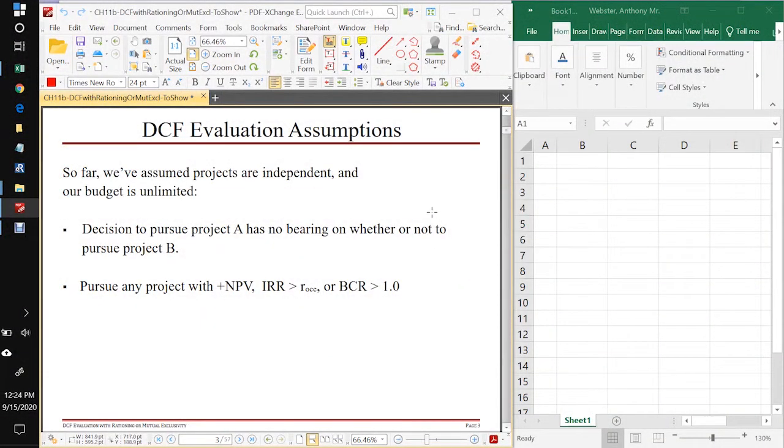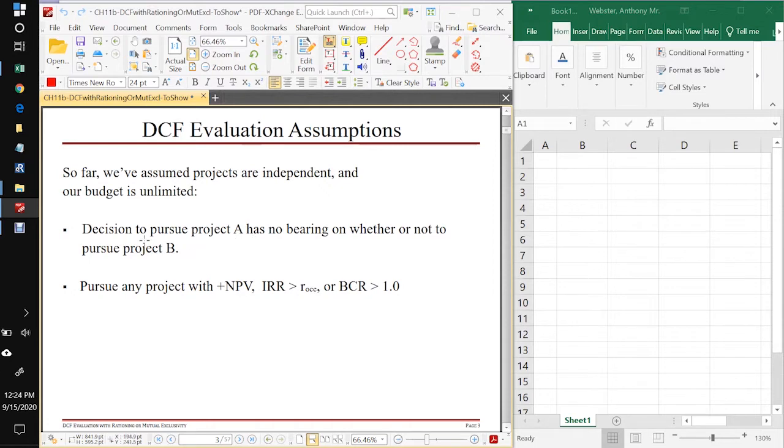Let's jump right in. Let's take a second to review the assumptions we've been using so far when we've been doing discounted cash flow analysis. We've been pretty much always assuming that the projects we're looking at are independent and that our budget has been unlimited.